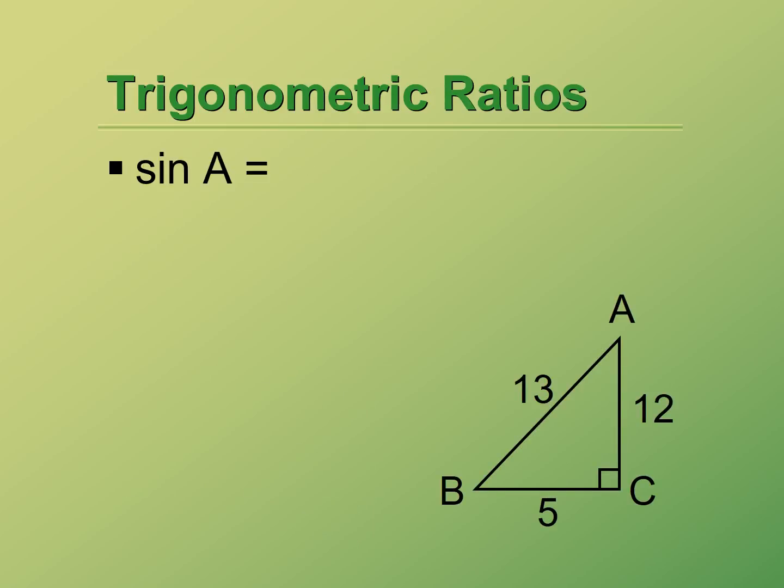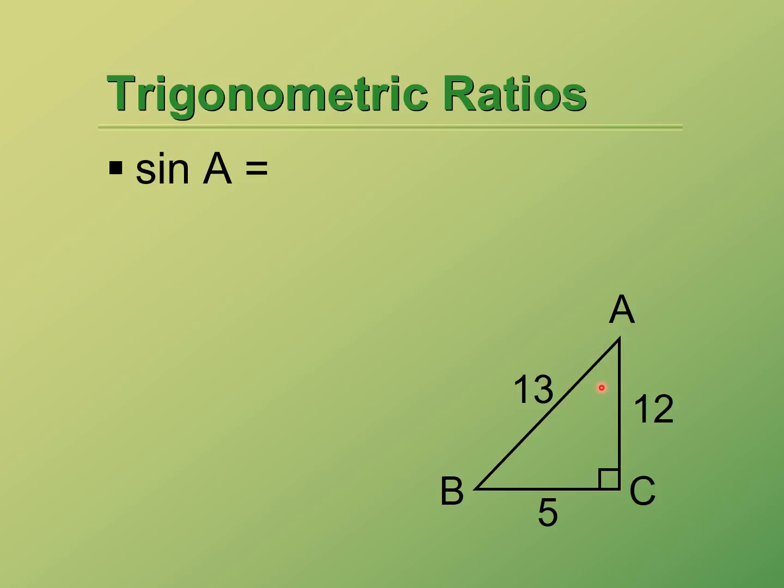All right, so if we want to find these values, let's say we wanted to find sine of angle A. So remember, SIN is the abbreviation for sine. So sine is the trig ratio of opposite over hypotenuse. So we would find angle A, and we need to find opposite over hypotenuse.